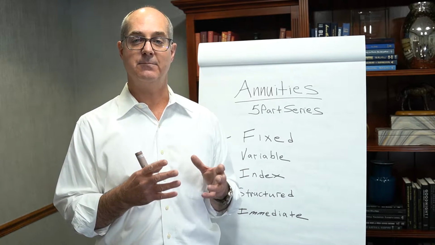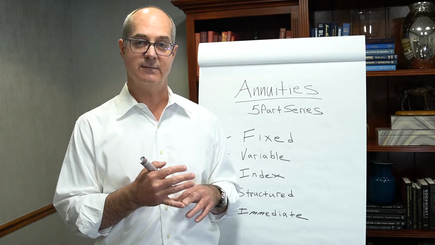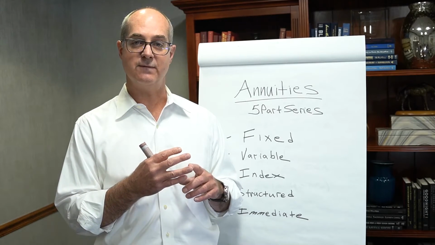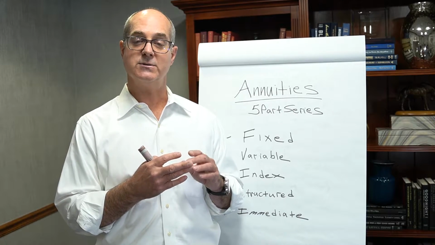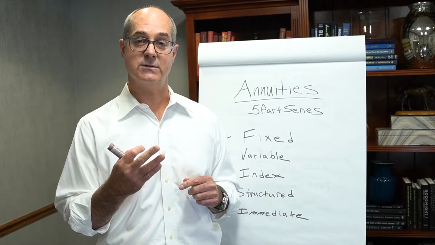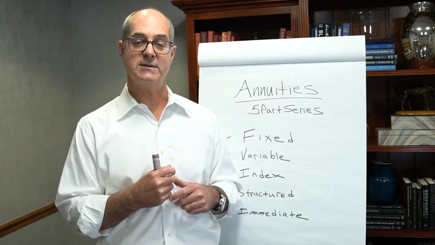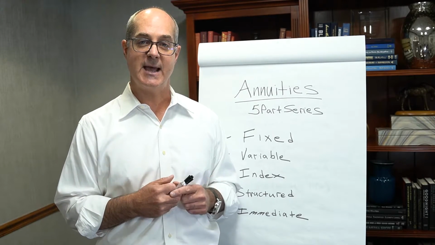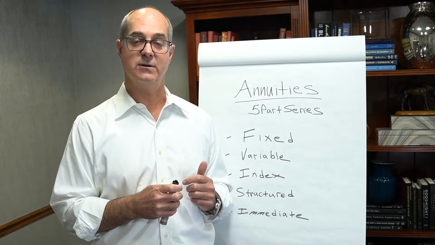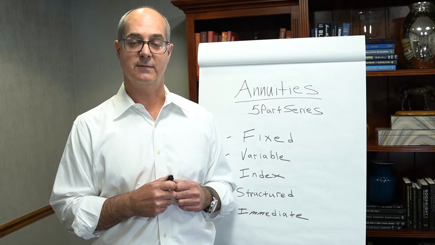And the alternative might be a fixed annuity, where you also get that guaranteed fixed interest rate, no surprises, no fees, but you also get the tax deferral. So if you're getting 1.25% in a fixed annuity, you're getting that 1.25%, and it is compounding for you tax deferred. So there are some tax advantages to using a fixed annuity relative to a bank certificate of deposit.